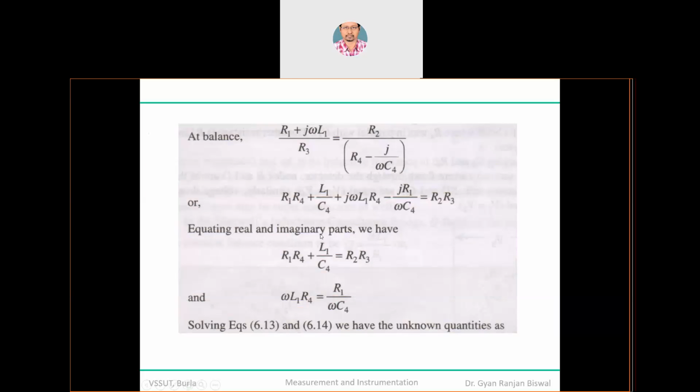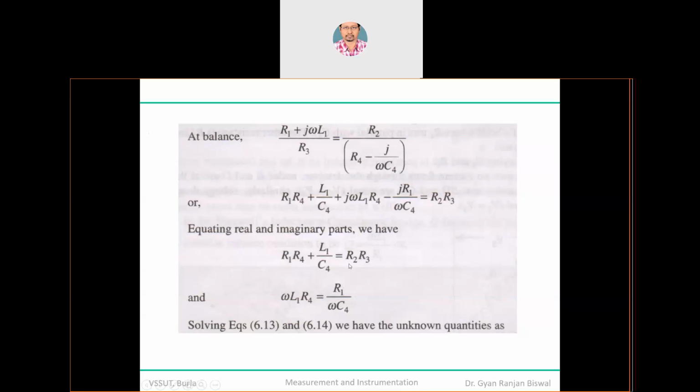You can replace these values in such a way that it offers you the minimum amount of variables, because right now in the upper equation you see, to find out the value of L1, the unknown value of inductance, you require 1, 2, 3, 4, 5 different known values with good accuracy. In the secondary equation, the imaginary form of equation, you require the value of omega as well as the remaining three, that is R1, R4 and C4.